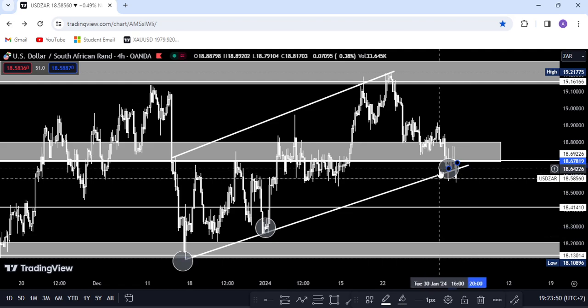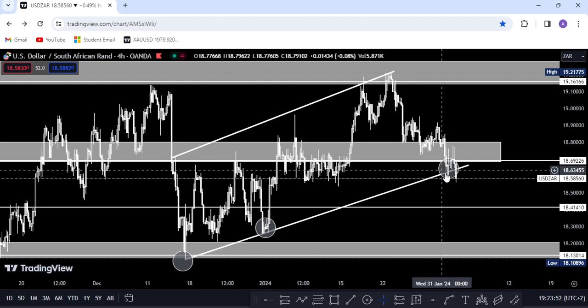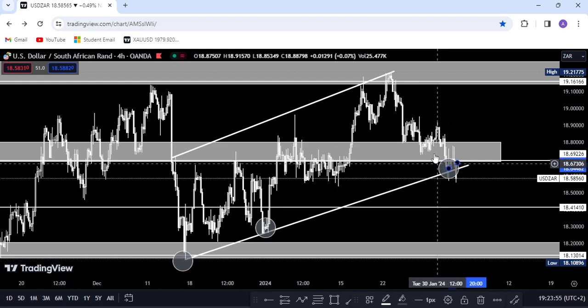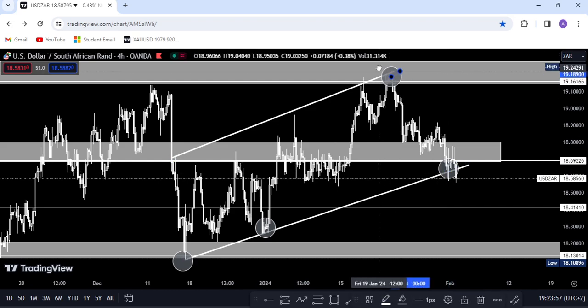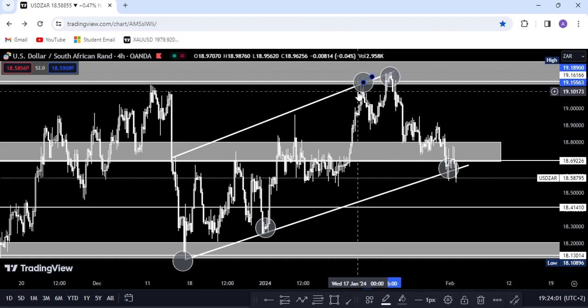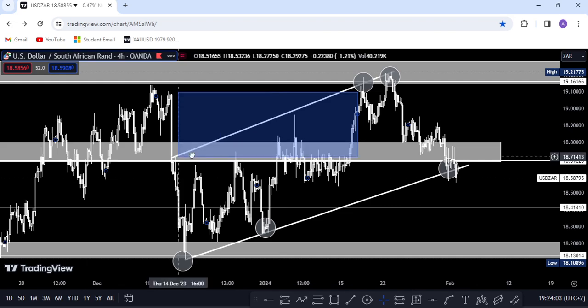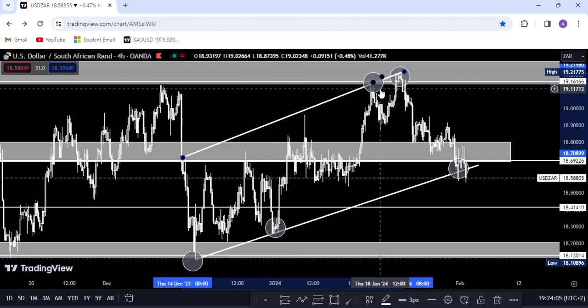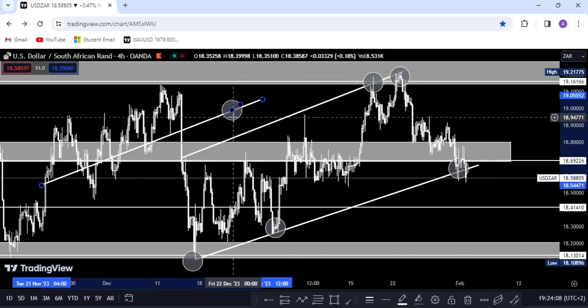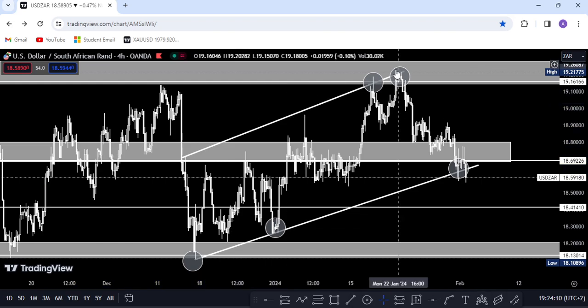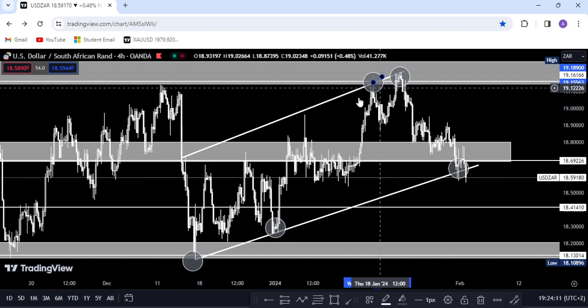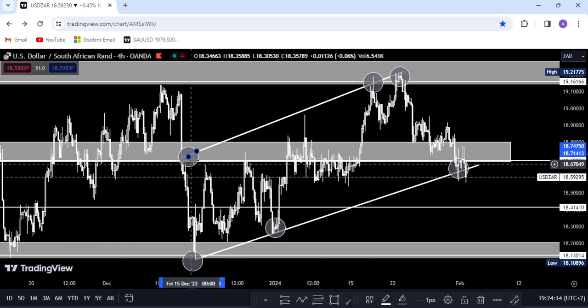And here is the trend line support. This is a trend line support that was hit here, and it was also hit here, and it was hit here.